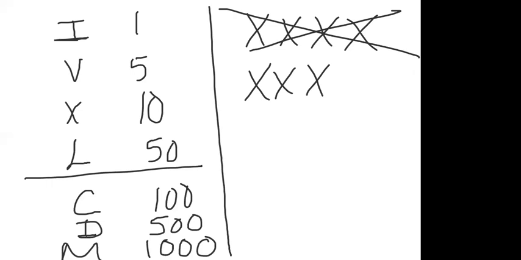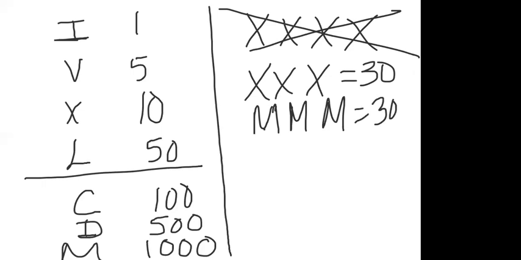So if you wanted to write 30, you can do XXX, 3 times. If you wanted to write 3,000, you could do MMM, 3 times, and get 3,000. That works. But if you wanted to write the number 40, you can't be using 4 X's. You have to make sure you use subtraction like I just showed you.